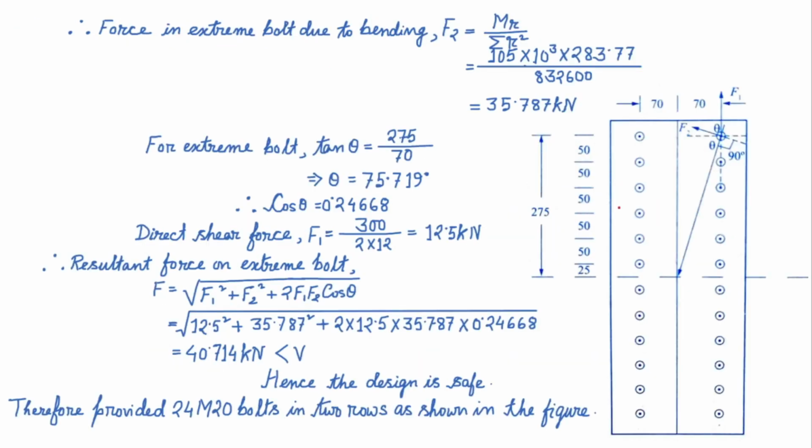If you see, this is the arrangement of the bolts in the connection. In the first row we have provided 12 bolts. Similarly in the second row also we have provided 12 bolts. So we have provided a total of 24 bolts in the connection.